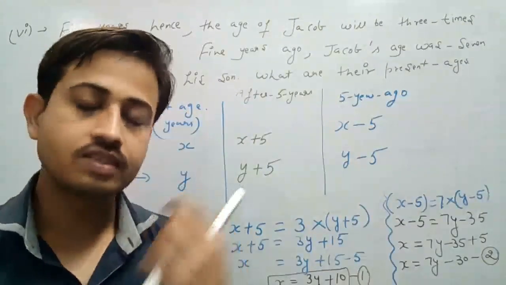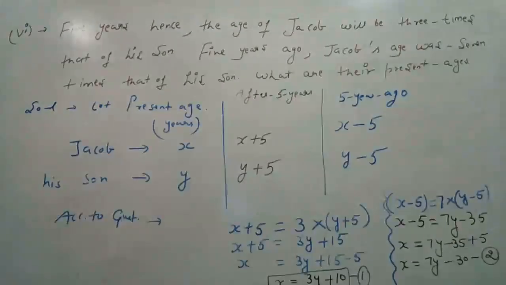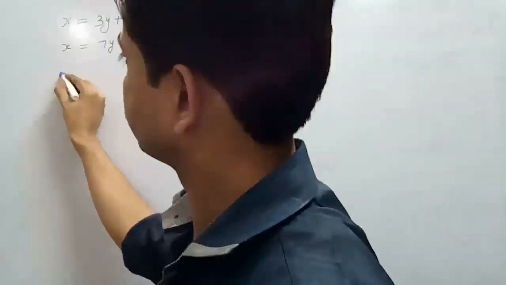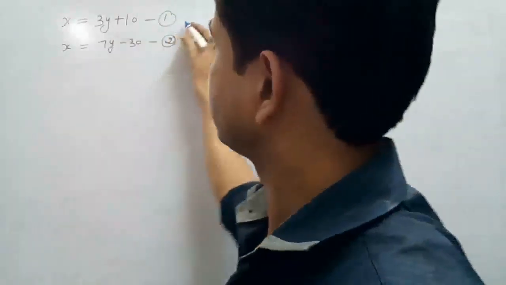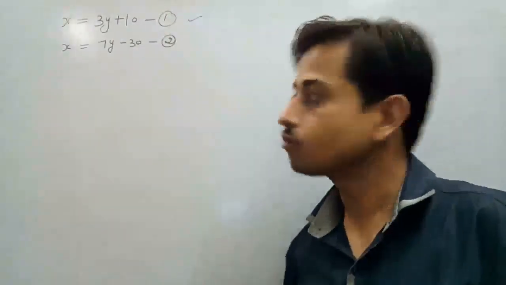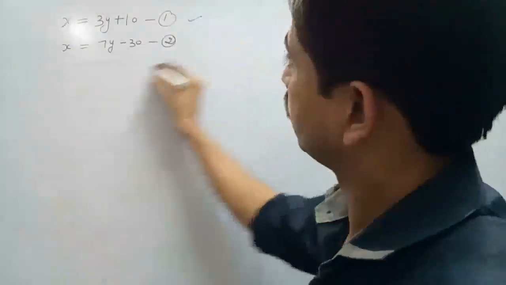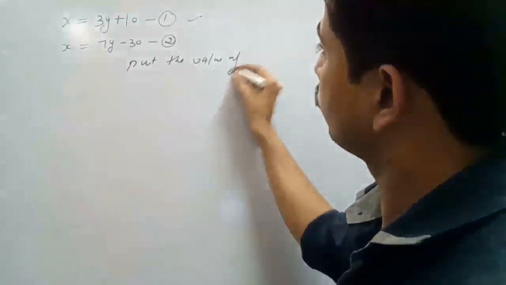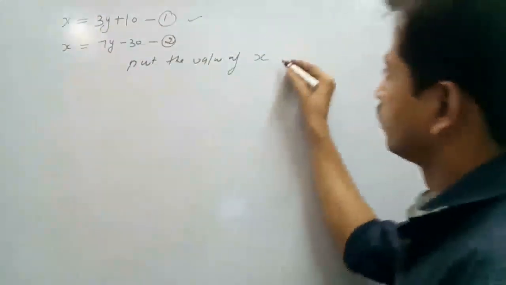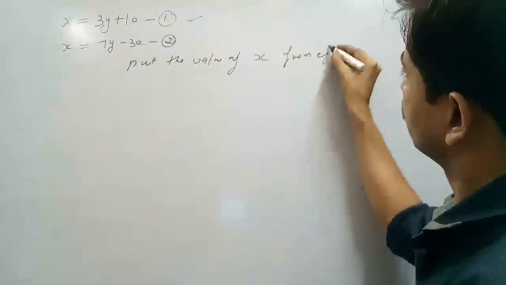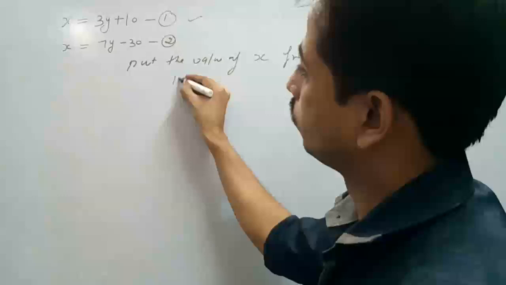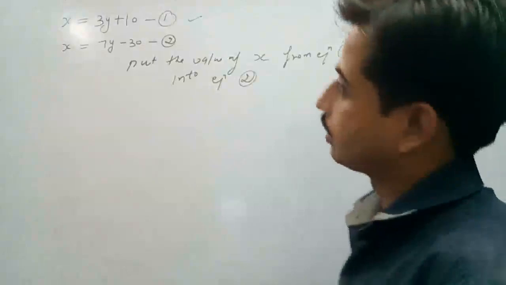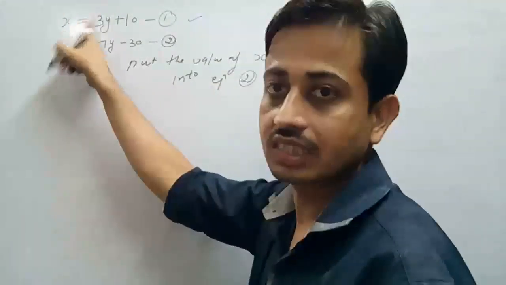Now we have equation 1 and 2. So please make a note first, then we will solve it. So we get these two equations. Solve it. This is our first equation. Put the value of x from equation 1 into equation 2. Now I am putting the value of x in this equation.